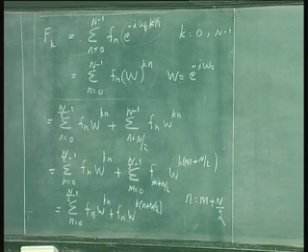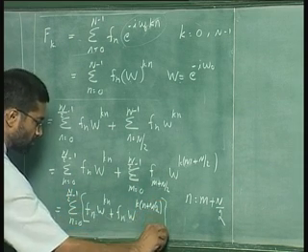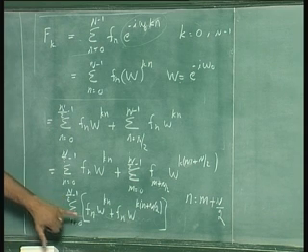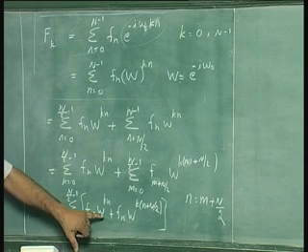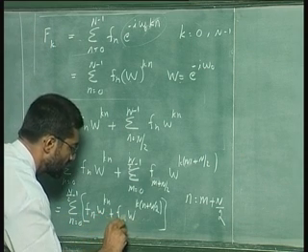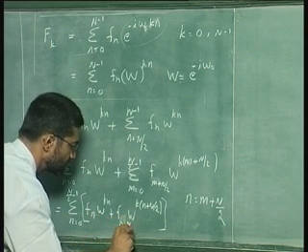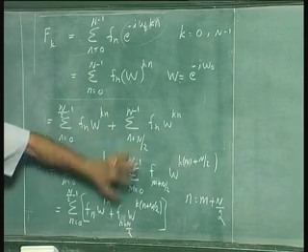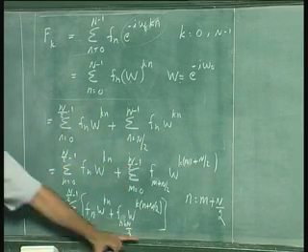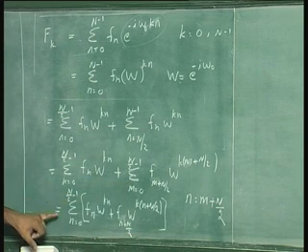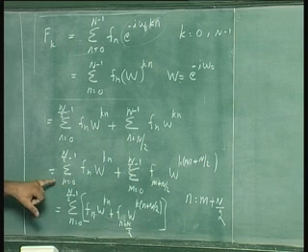Okay, so now you see my sum is only over N by 2 function values. What I have done is this is a dummy variable, so this line is exactly the same as the previous one, only I put the sum as one here because m and n are dummy variables.